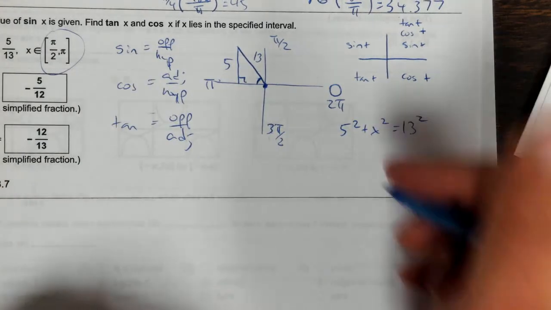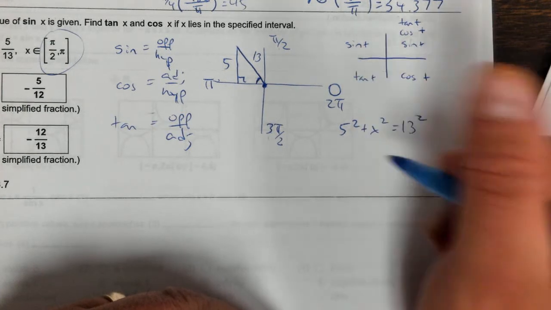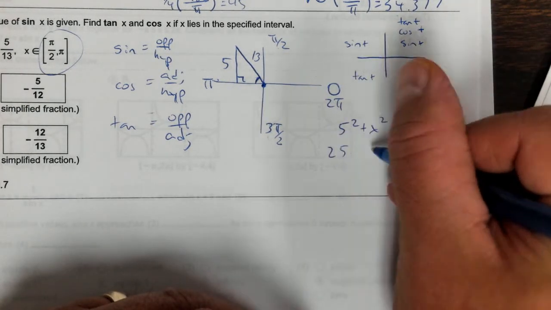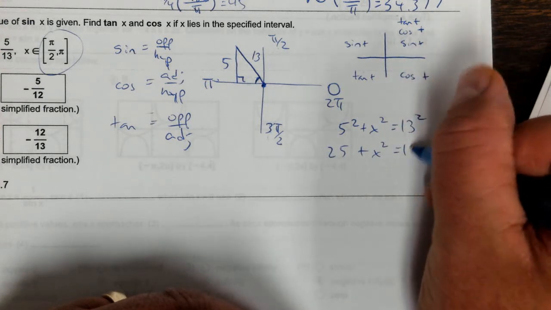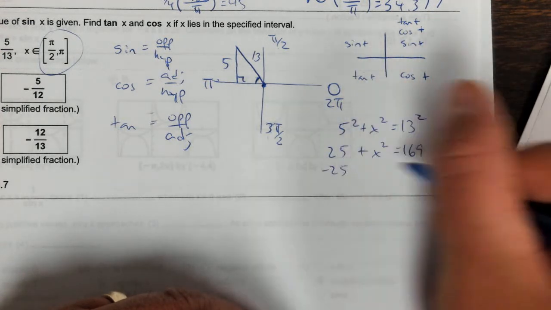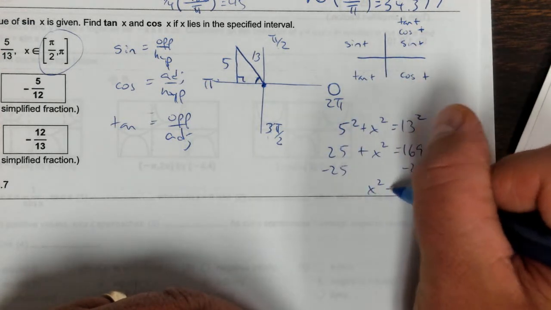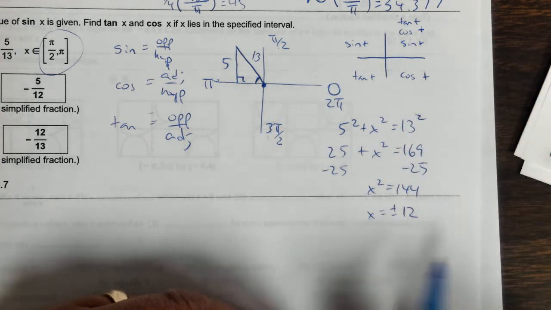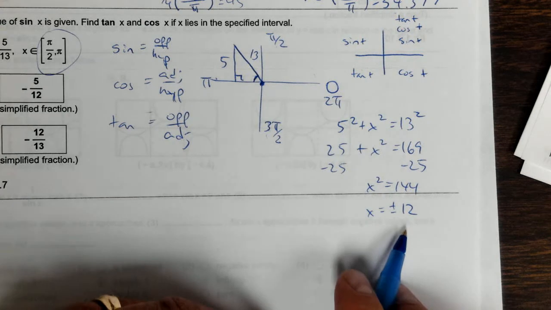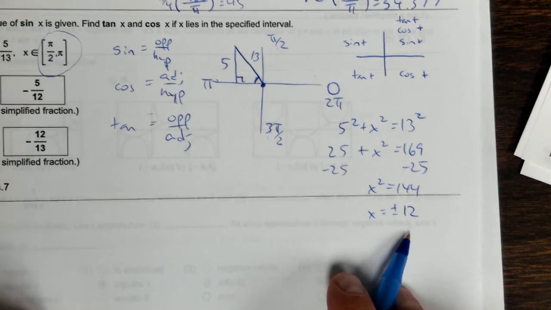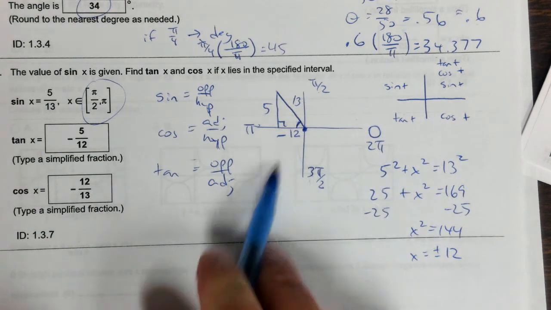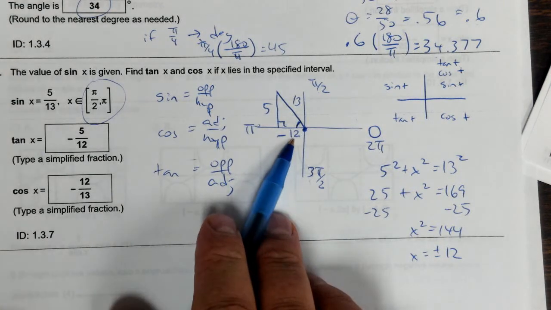You could use repetition if you know it's basically going to be 12. 25 plus x squared equals 169. X squared is 144. X is plus and minus 12. Ooh, plus and minus. I wonder which one we use. We're on the left side, so we use the negative. Don't use positive if you're on the left.